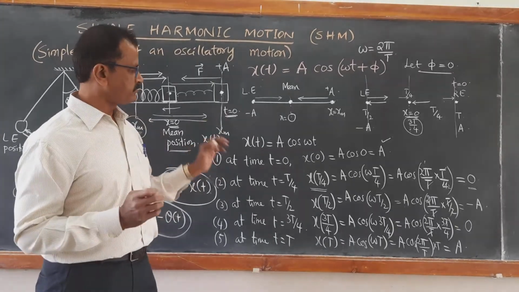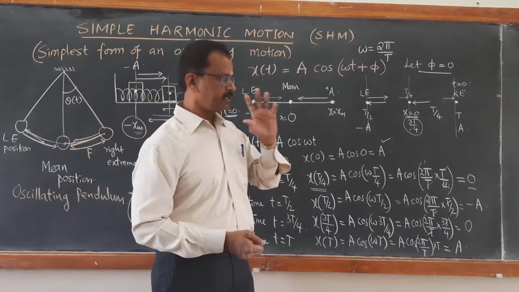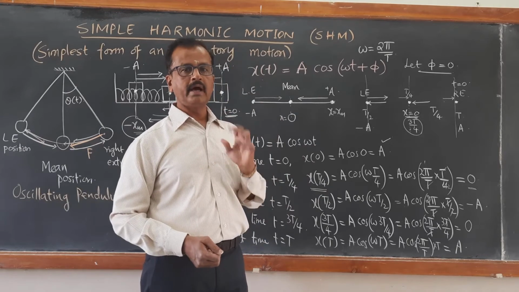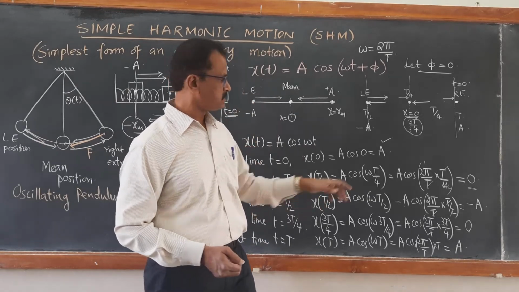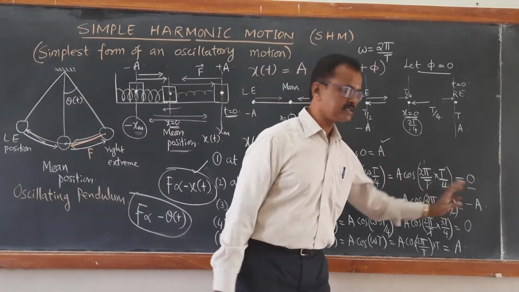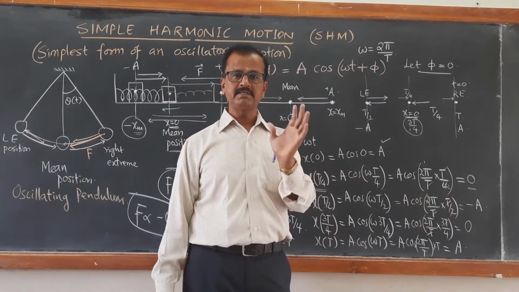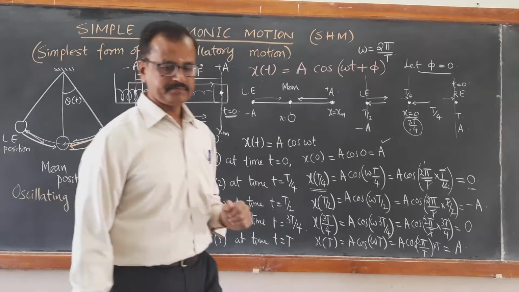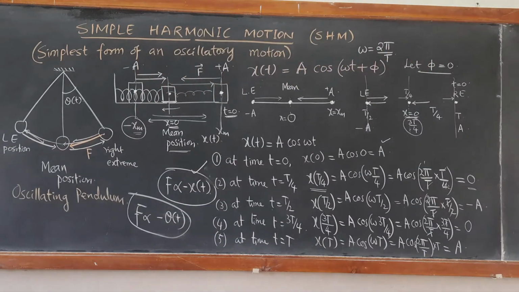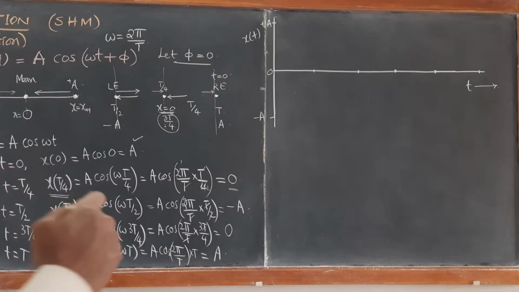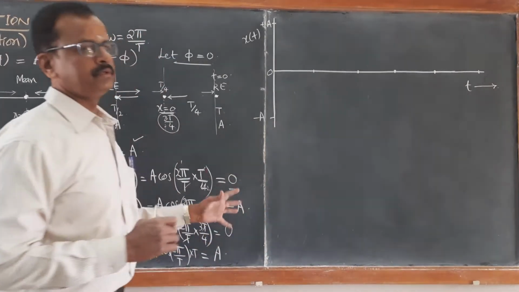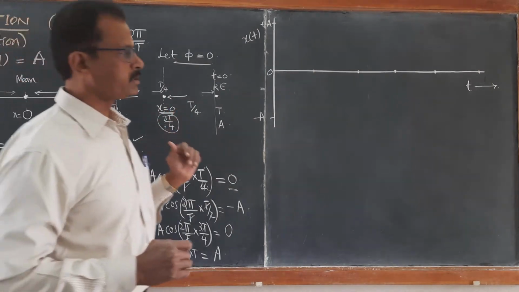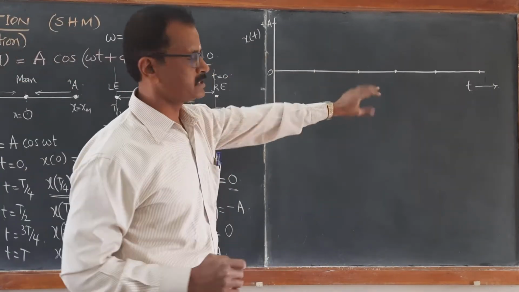Okay, and you see from this calculation it is oscillating between two amplitudes, two maximum displacements, that is plus A and minus A. Okay, let us draw the graph. Now let us see the graphical representation of SHM, simple harmonic motion, displacement versus time graph.